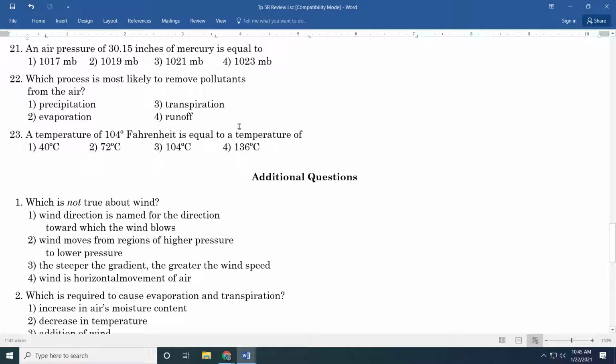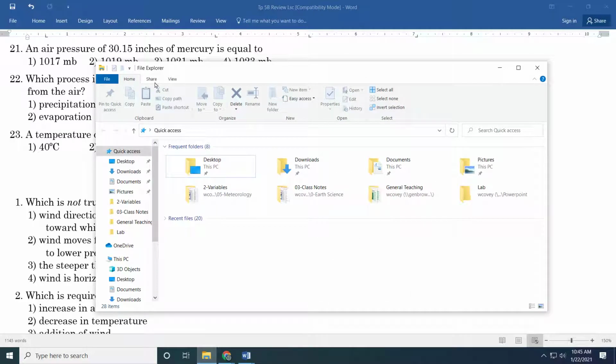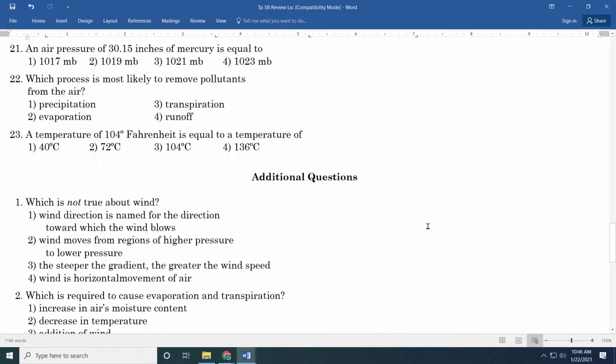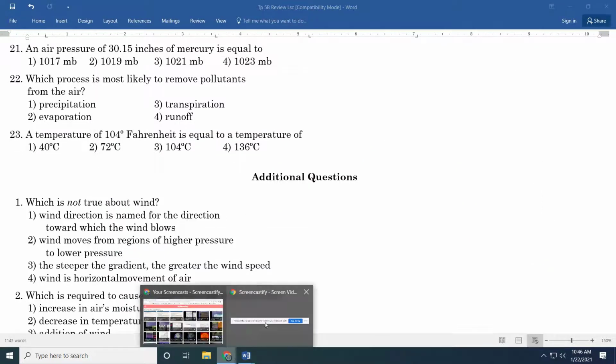It's on page 13. See if I can find it quick. I don't know if I can. We'll just do it the easy way. Google, where are you?